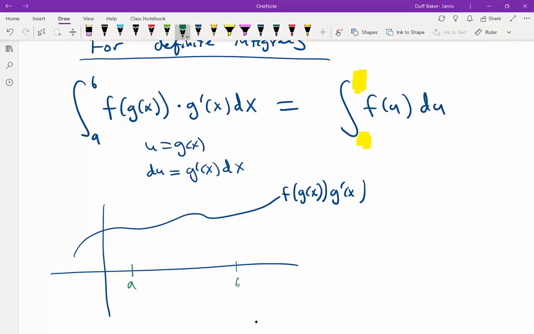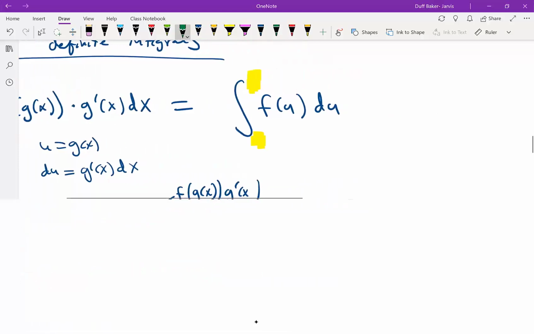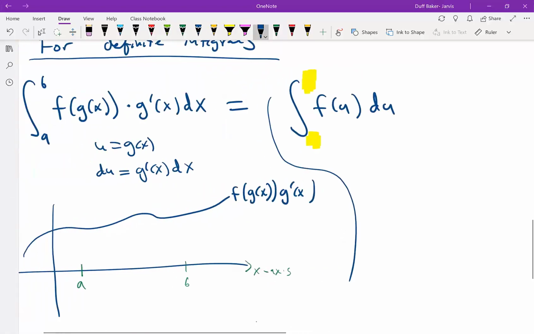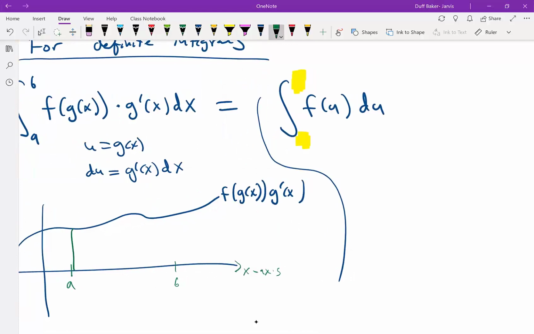But these are x's. This is the x-axis. Whereas if you go to this other integral, maybe I should finish my picture. I would be calculating some area here.